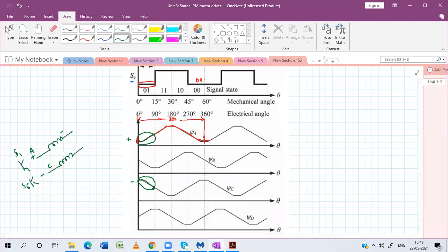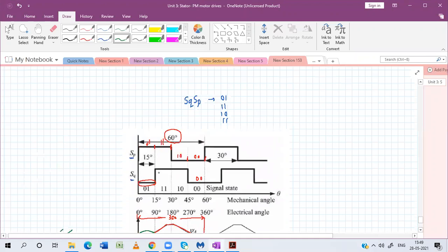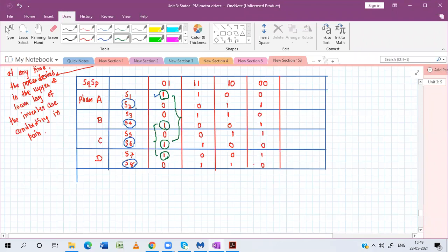In the same way, when SQ and SP both are getting a signal, both are getting a signal. At the same time, I told you there are two possibilities: one is the A and C phases, and another possibility is B and D. So in this case, what should happen? Here B should go down, its flux linkage envelope should be down, and D should be rising.